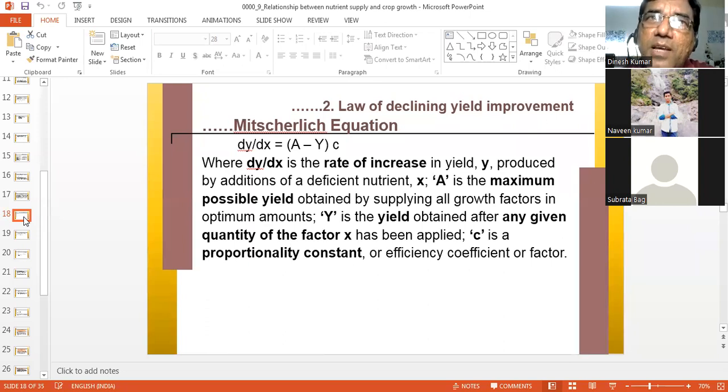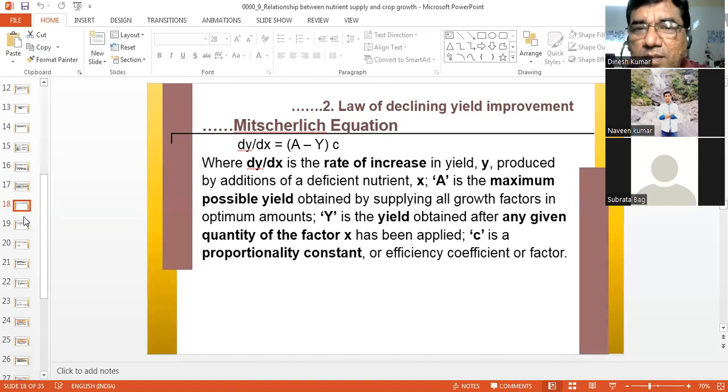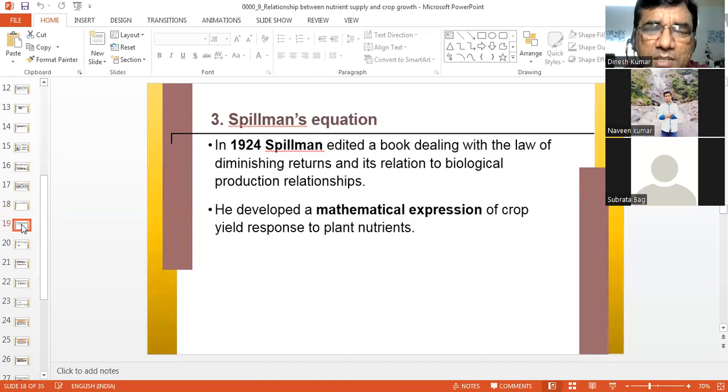Even today, if you open research journals related to soil fertility and fertilizers and search for the Mitscherlich equation, you will find many recent papers based on it. So the Mitscherlich equation is relevant even today. Many people are doing research taking help from it, in different areas. But Spillman's work is not being used by people. It is just in history.